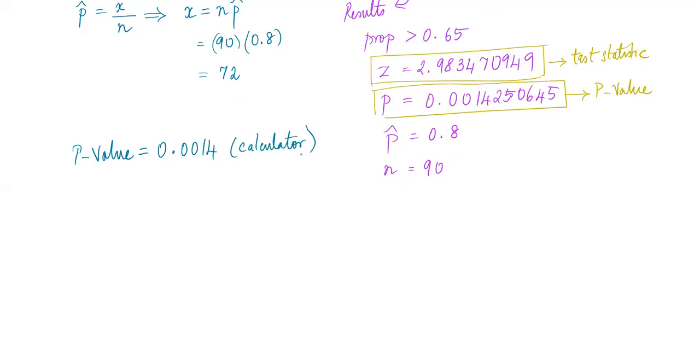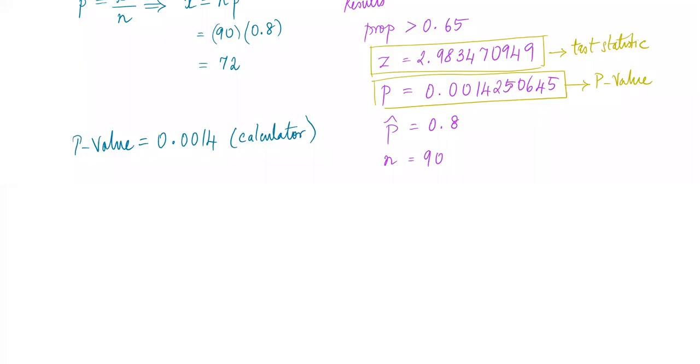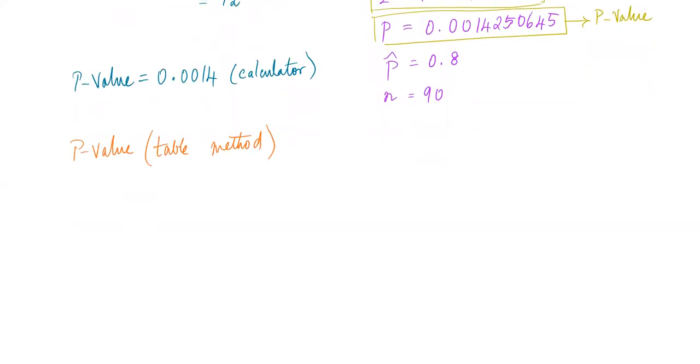So we have that. And I'd like to show this also using the table method. So the p-value with the table method would require for us to first determine if it is left-tailed, right-tailed, or two-tailed.